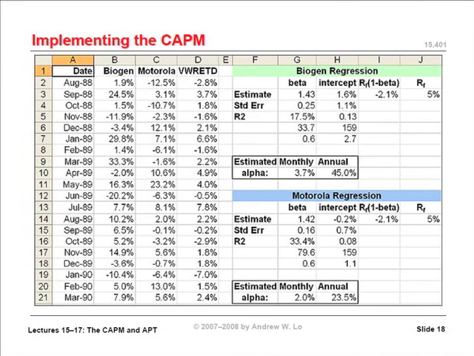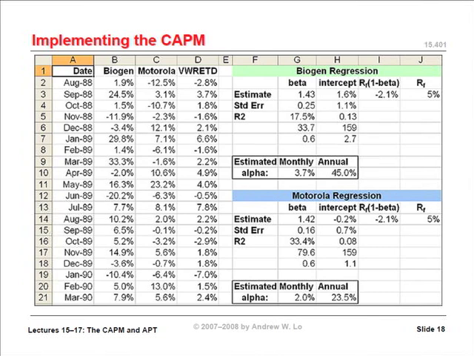For Biogen, the beta is 1.43. The intercept, 1.61%, and the standard error is 1.1%, and then RF times 1 minus beta is minus 2.1%. This should be equal to the alpha in that previous equation that I gave you, okay?